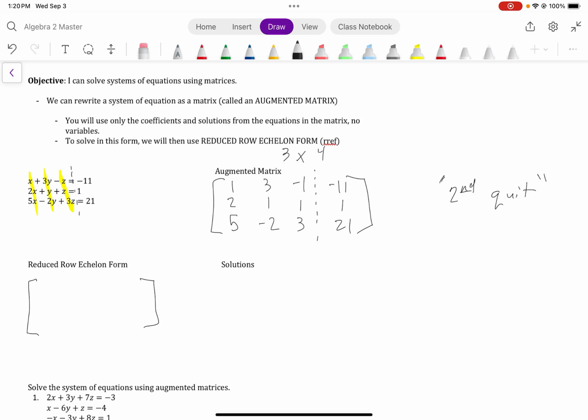Now to get reduced row echelon form, I'm going to do second matrix again. I'm going to scroll over to math. Now I can either scroll down or scroll up. It really doesn't matter, both get me there. I usually go up because it's faster. I'm going to find RREF. It stands for reduced row echelon form.